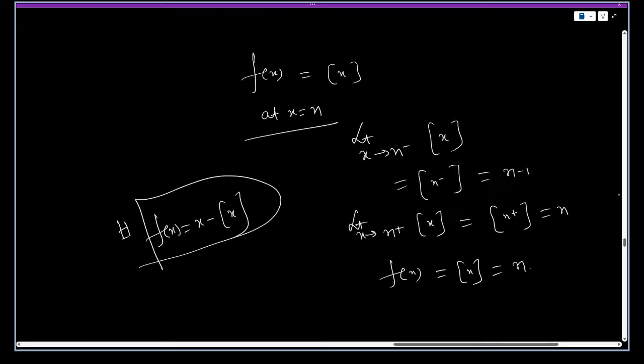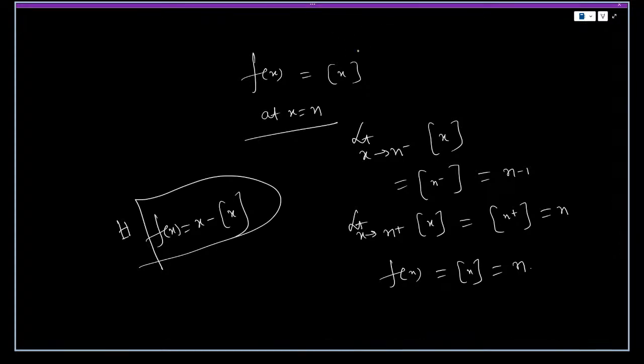Hope you have got it. x minus modulo x. Just check with my calculation.